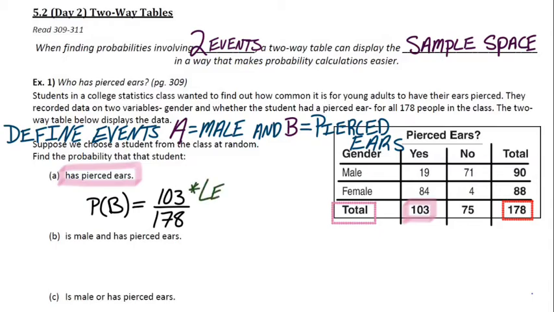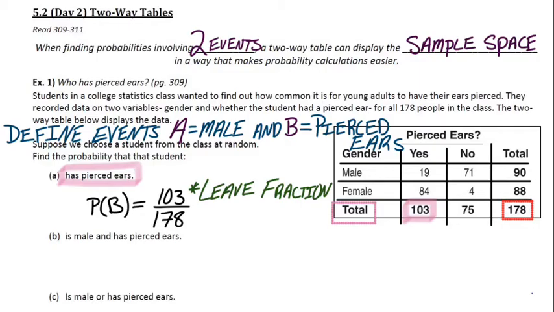We don't want to put this as a decimal. We want to leave this as a fraction because this is far more descriptive than a decimal, right? We know exactly how many people in the sample, 103, had pierced ears, and we know the total number of people in the sample was 178. So let's leave this as a fraction. You'll find that we do that in probability a lot.